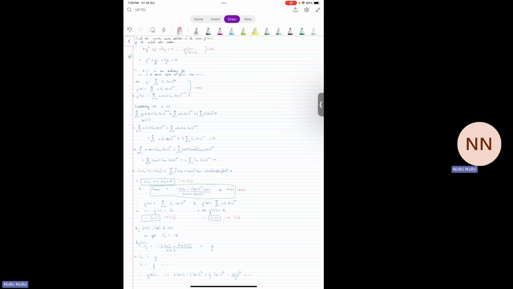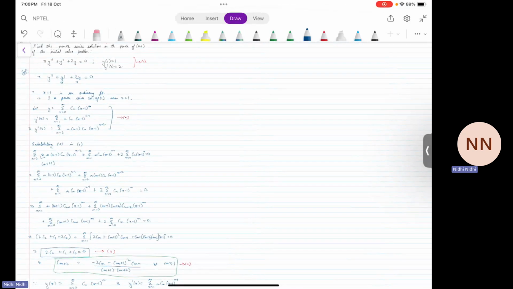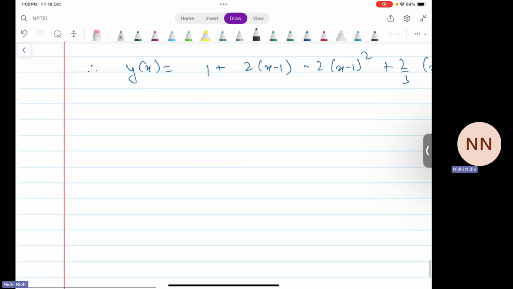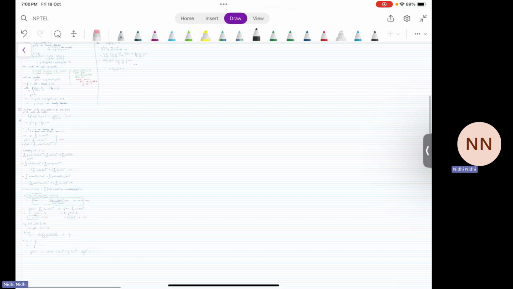Next, we will find power series solution using Frobenius method. So we have question number fourth.